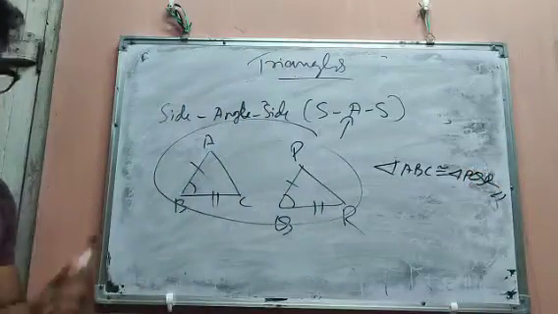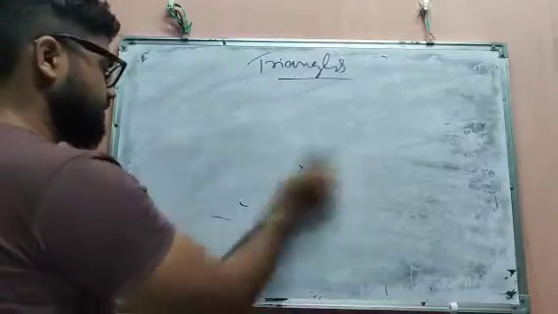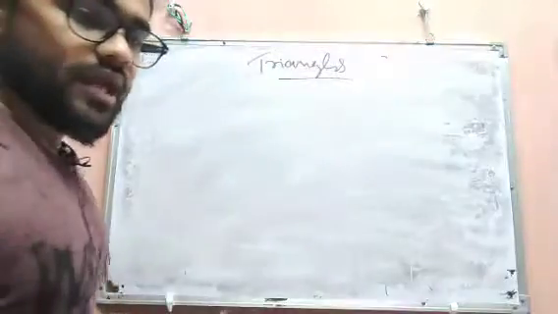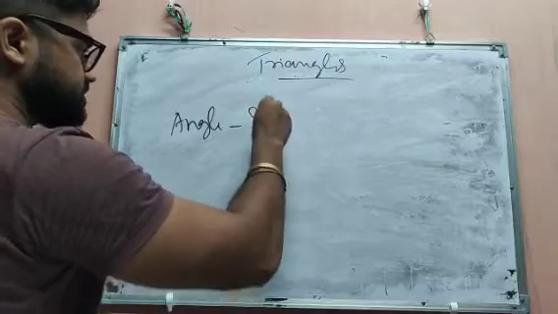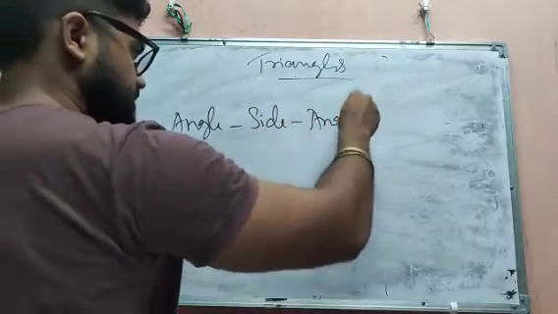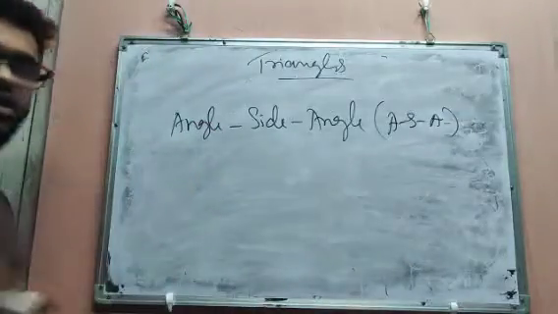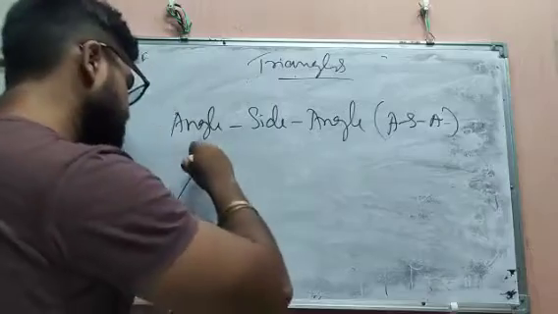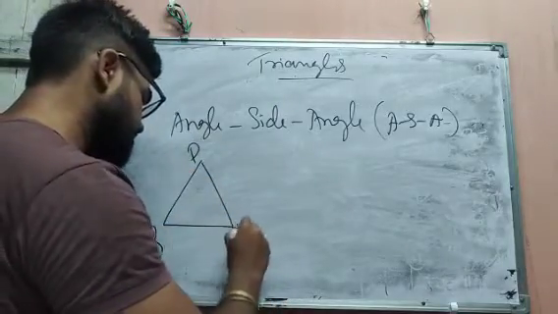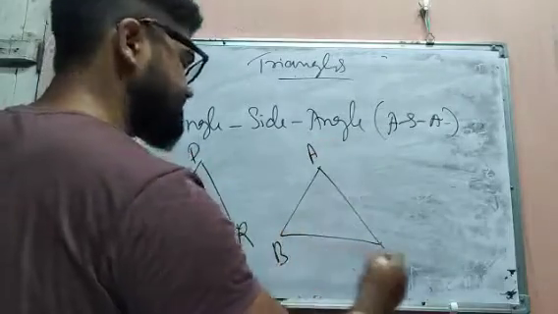Okay, next one, another condition is there, and this is what? Angle side angle, or you can say ASA. For this, suppose you are given two triangles like that, PQR and ABC.